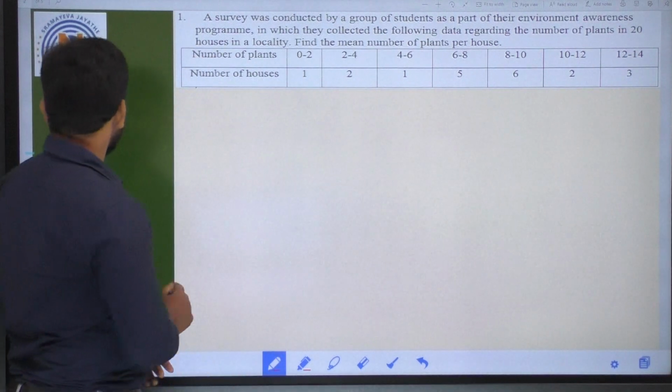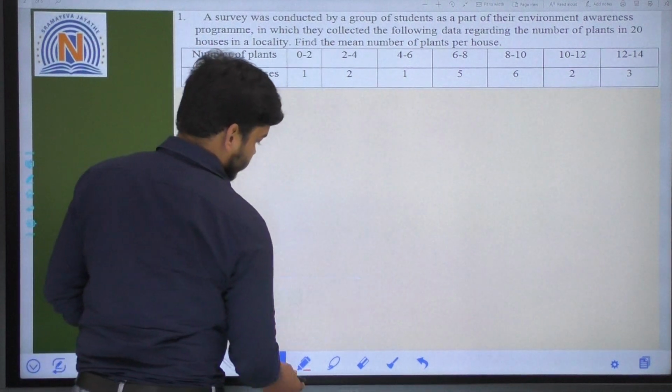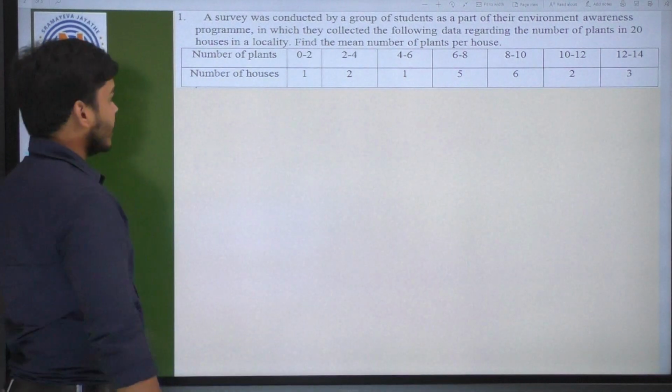So the first one is the class intervals.